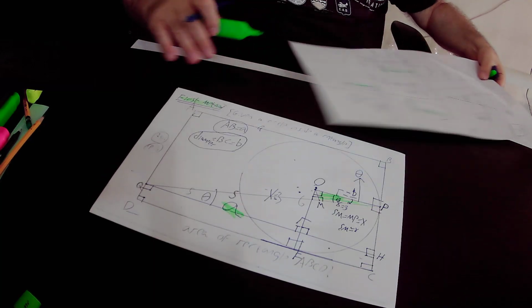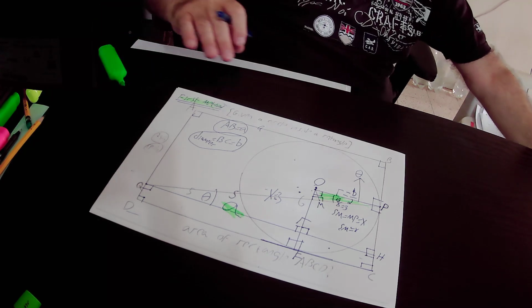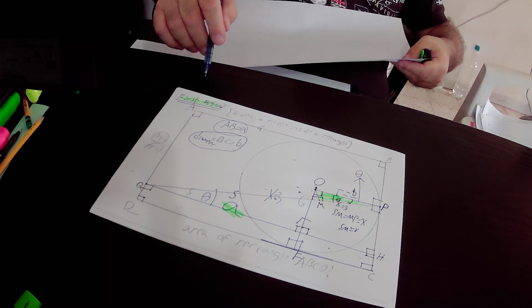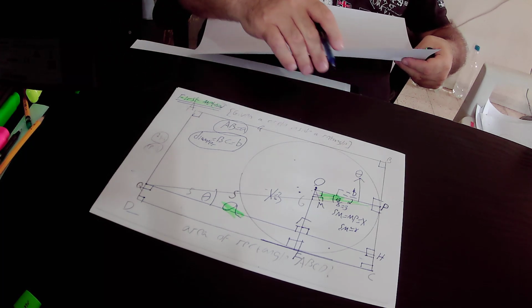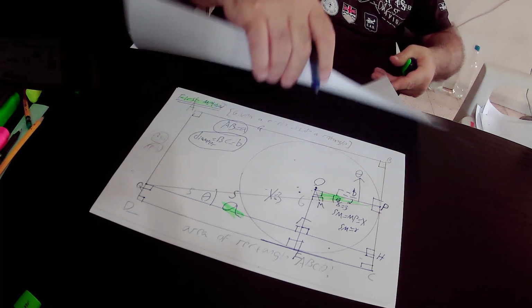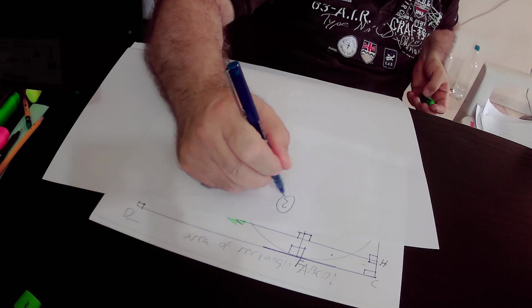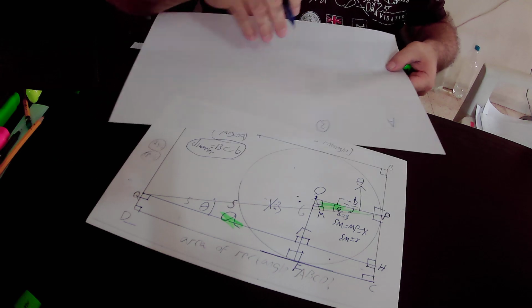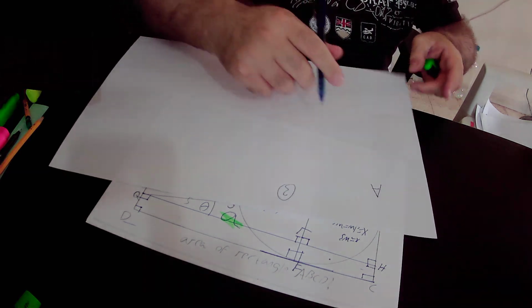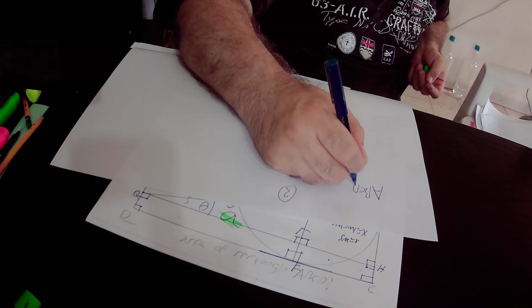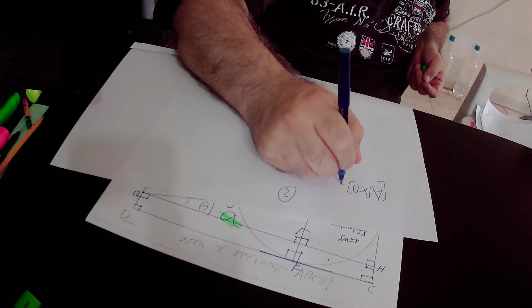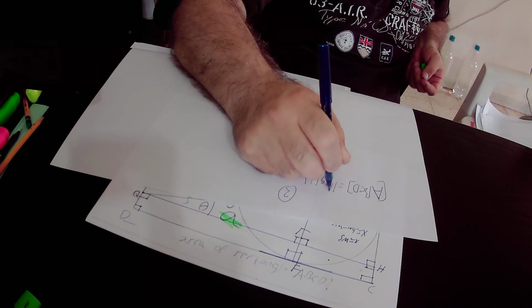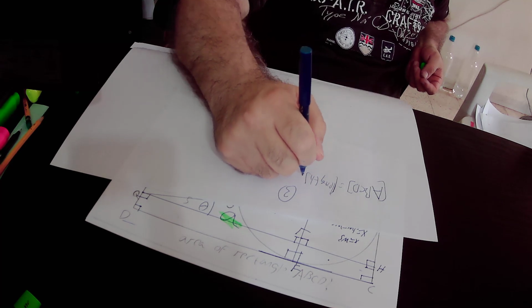So, what is the area of rectangle ABCD? The area of rectangle ABCD equals the length of the rectangle times the width.